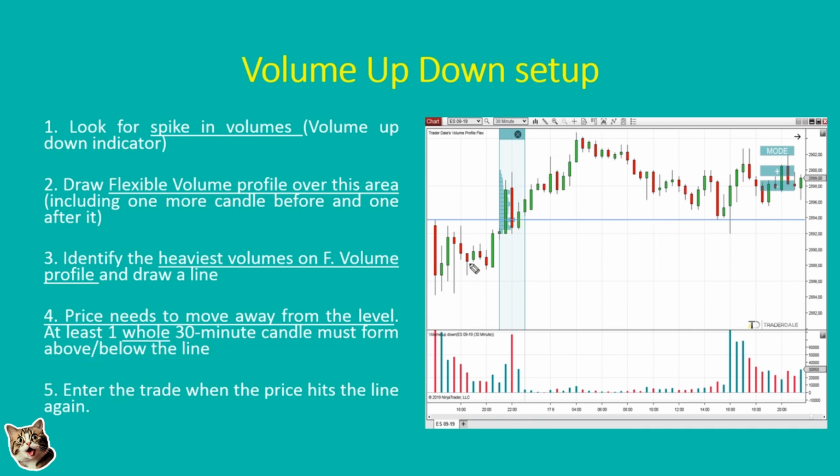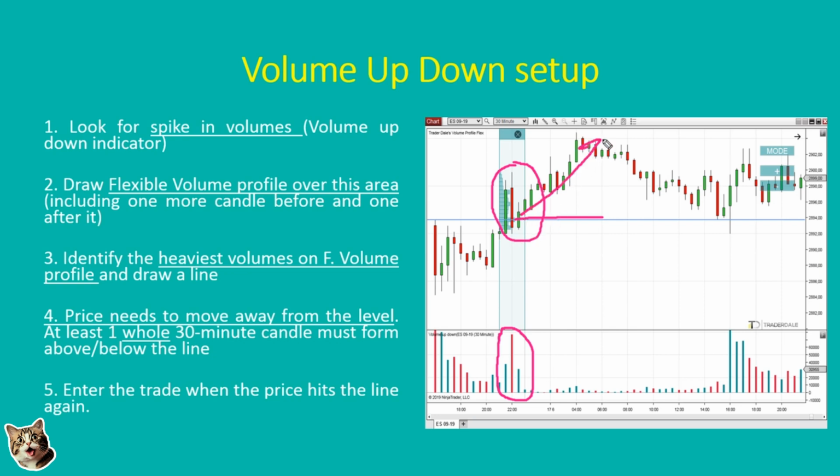The logic behind this setup is that you see something unusual is happening. Big players are entering the market, and you see it on the volume up-down indicator. Then you go into the flexible profile and identify at what price level those big players were entering the market. So it was this level. Then you wait and see where they pushed the price.